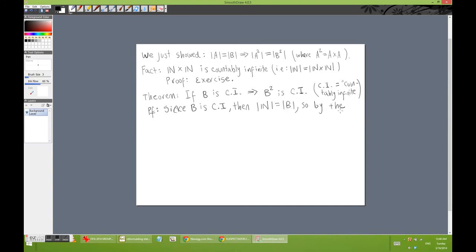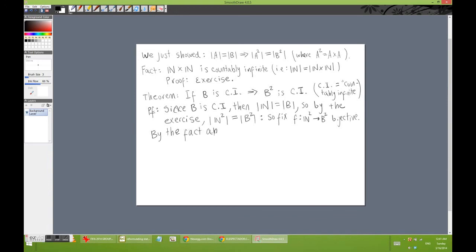So the proof: we start with a countably infinite set B by hypothesis. So by the previous exercise, the cardinality of N squared will be equal to the cardinality of B squared. That's just because the cardinality of N is equal to the cardinality of B, by definition of countably infinite.